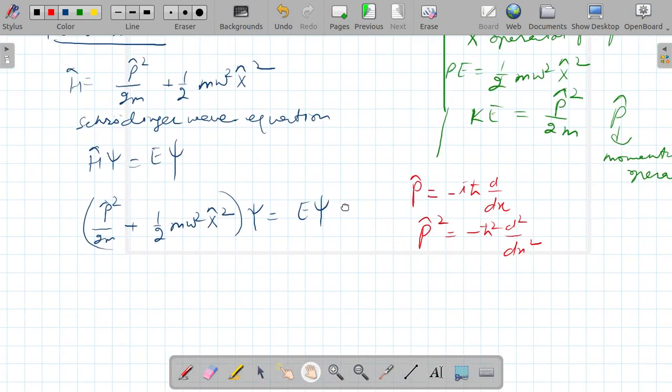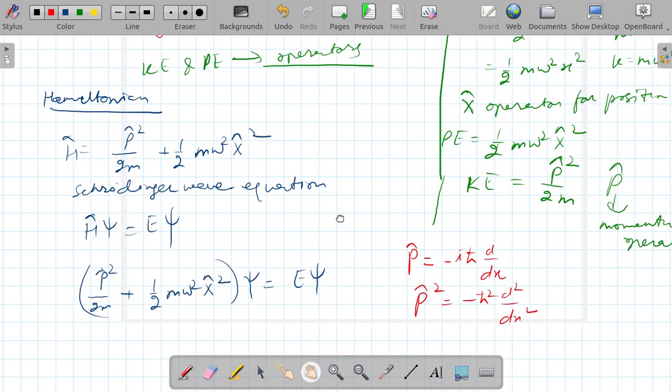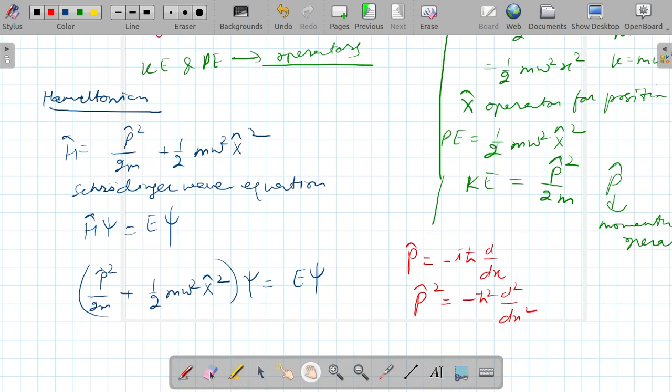Let me write down this as equation number 2, and let me call this equation number 3.